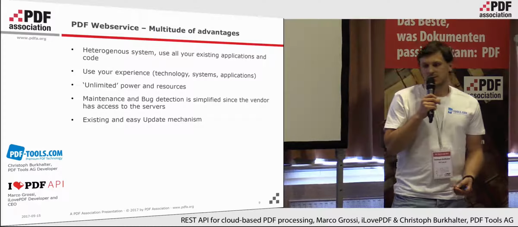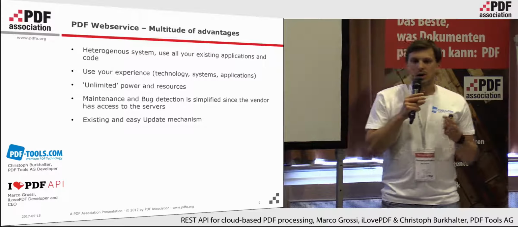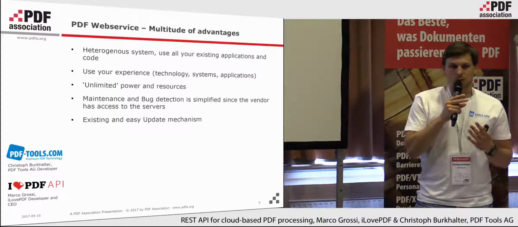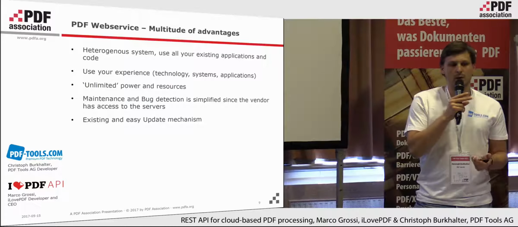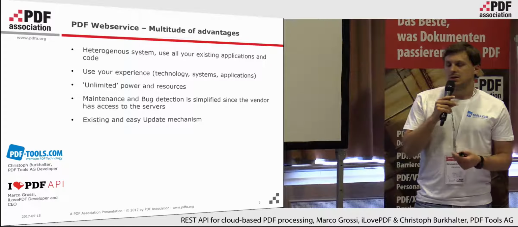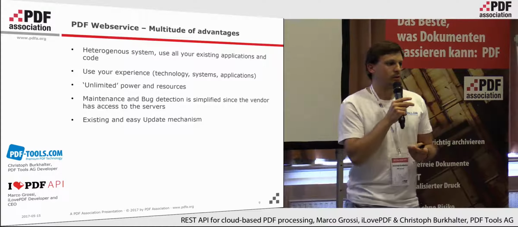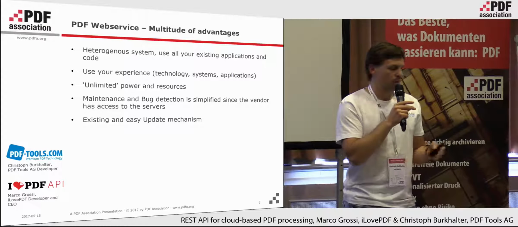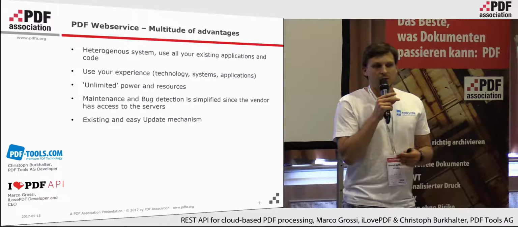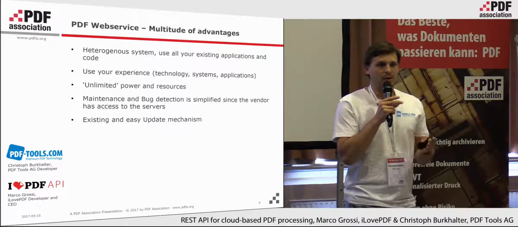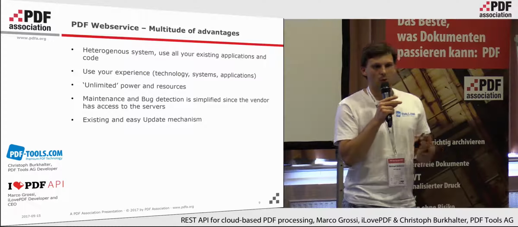It also is easier when you have everything under your control and just know where you deploy your application. You can more easily update your library. If you have a web service, you can have multiple endpoints so that when you're updating and something fails, you can use the old version.